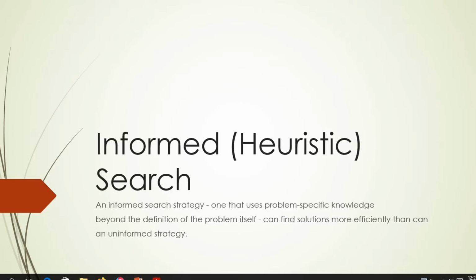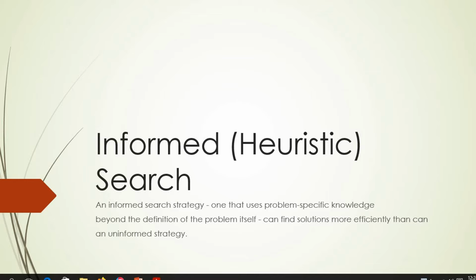So expanding from the previous discussion on search, another strategy or dimension of search is called informed search or heuristic search. We'll soon understand why the term heuristic.